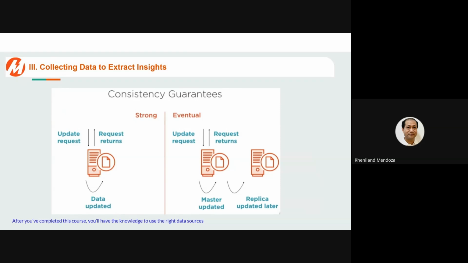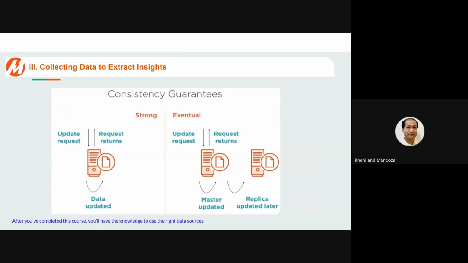Now on the right, let's have a distributed system, a horizontally scaled one with multiple servers. You receive an update request for your data. The master node of the data will be updated, but this update might be propagated to replicas later on, and it won't be immediately replicated.